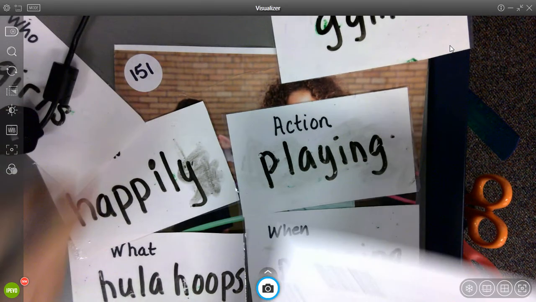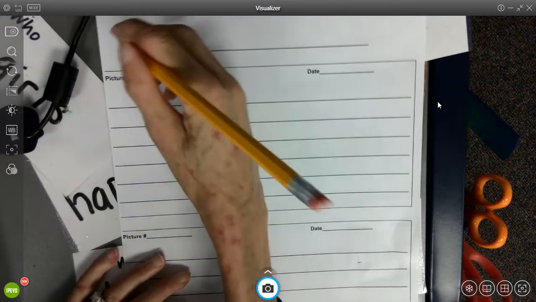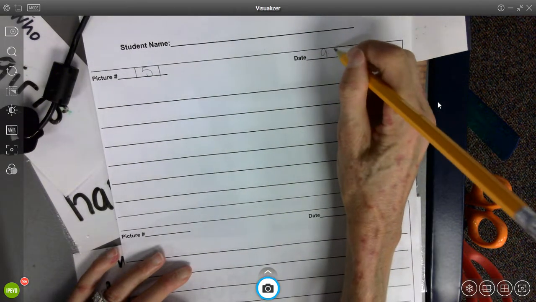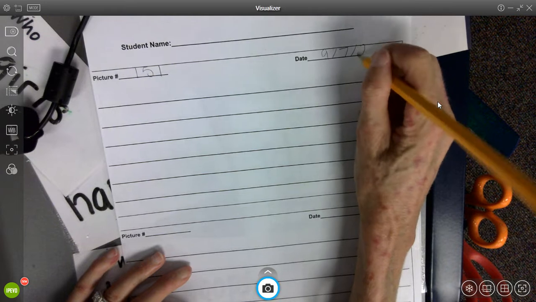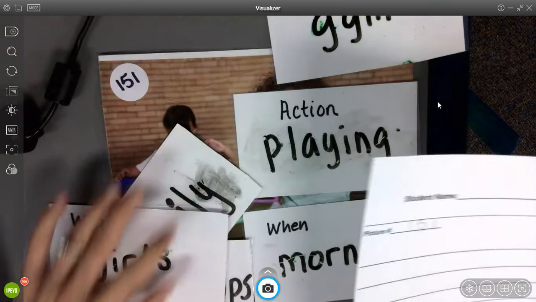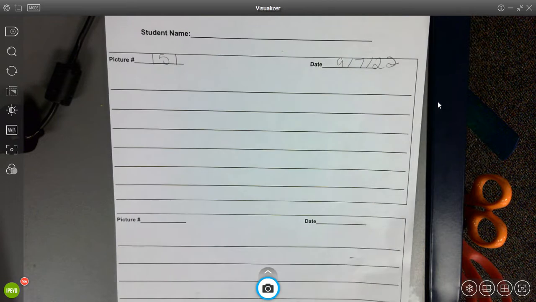It's 151. So I'm going to write picture number 151 and today's date, 9/7/22. And then I'm going to write my sentence. I'm going to move my cards just because I don't have a lot of space here. You'll have more space. And you could also spread out on the floor if you get permission.